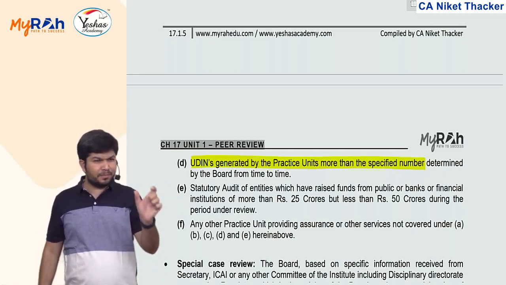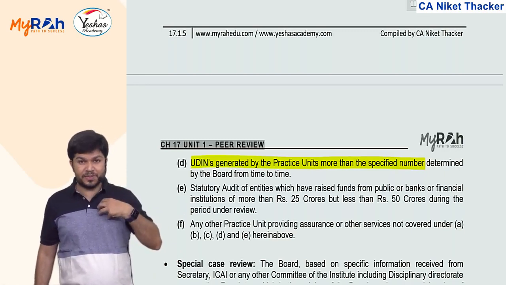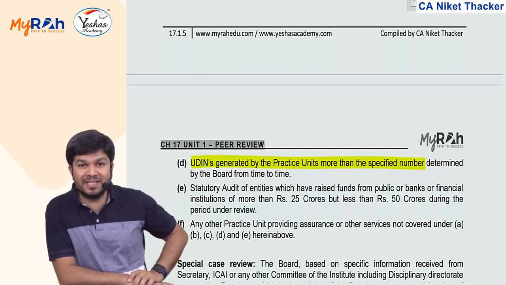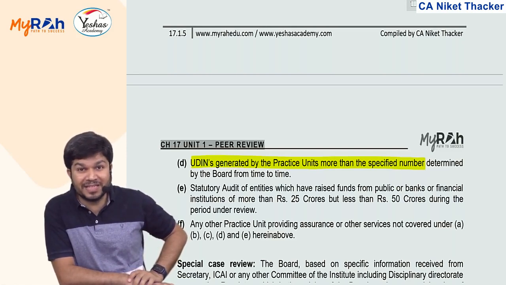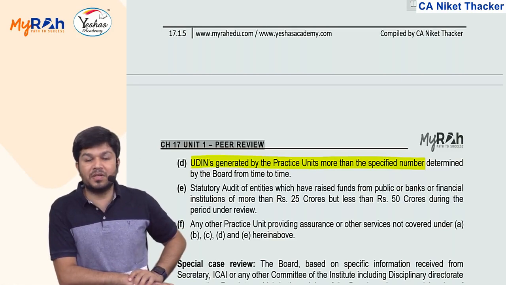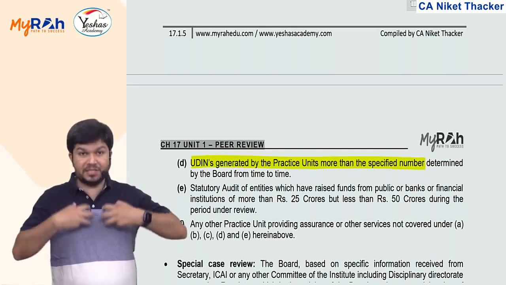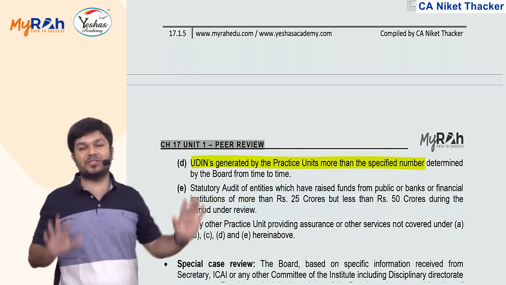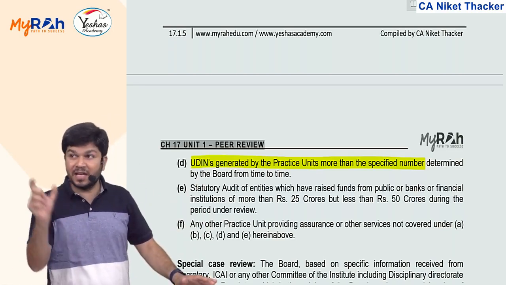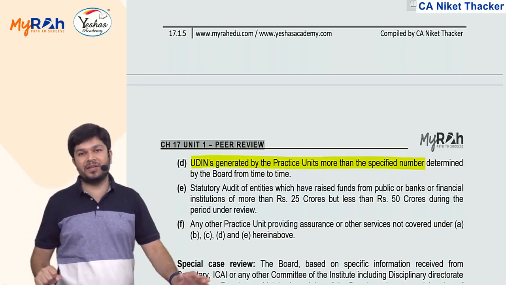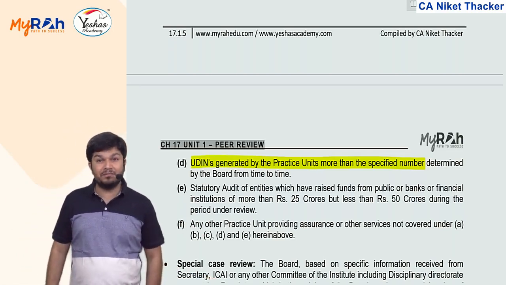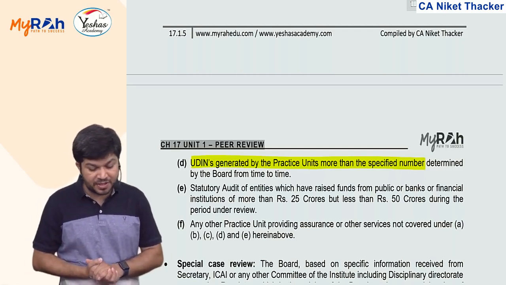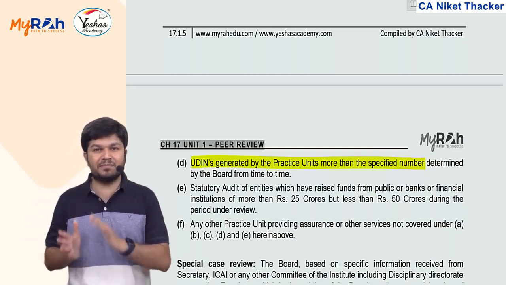So every report or certificate which an auditor gives, he has to put a UDIN number, Unique Document Identification Number. That number will be generated and put. So if auditor has generated the number and put over there, then it will match, because वो system में generate करेगा, it will be shown in records also. So UDIN number, if at all Unique Document Identification Number generated are more than specified number.